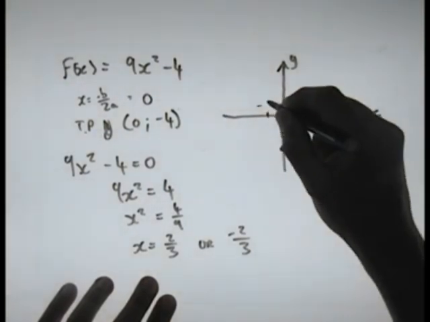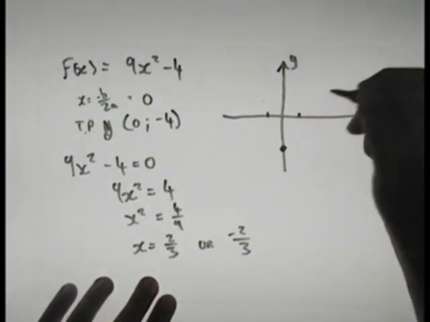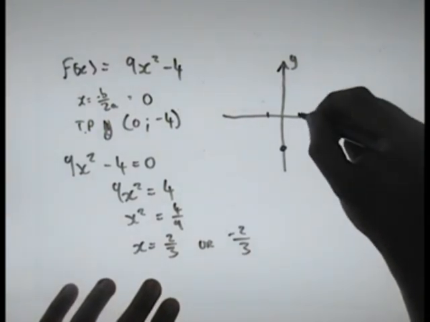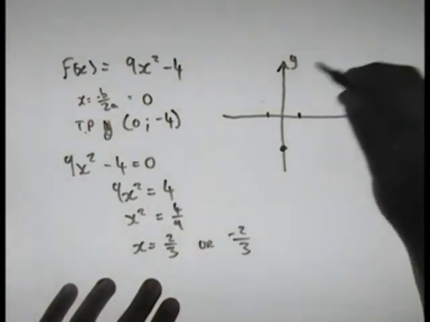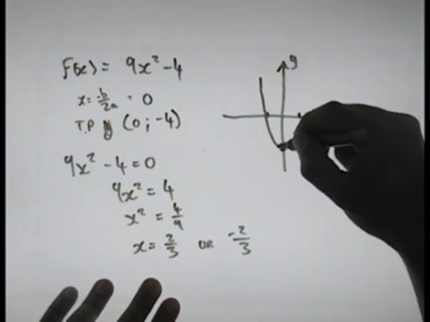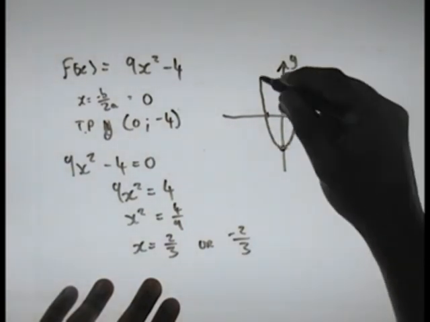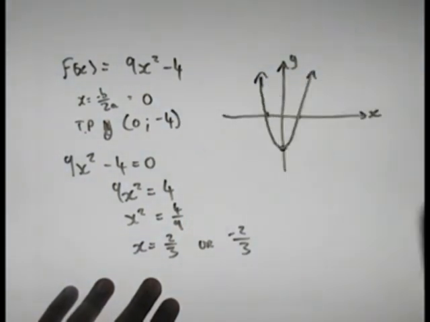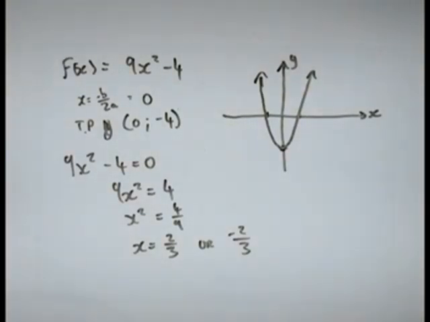Two x-intercepts, negative 2 over 3 and positive 2 over 3, and a y-intercept of negative 4, which is the same as our turning point, and it's a smiley face graph because it's positive 9x squared. And that is the graph f of x is equal to 9x squared minus 4.